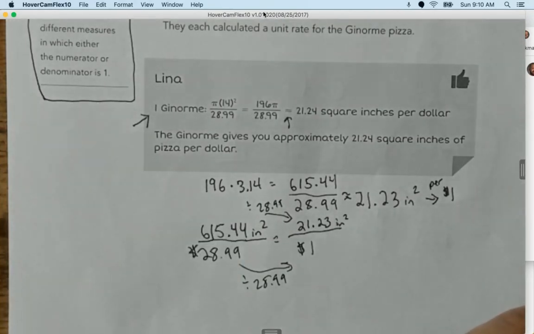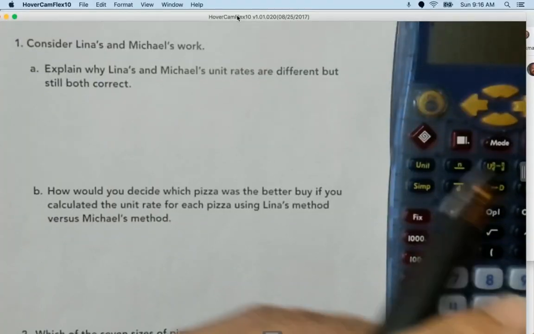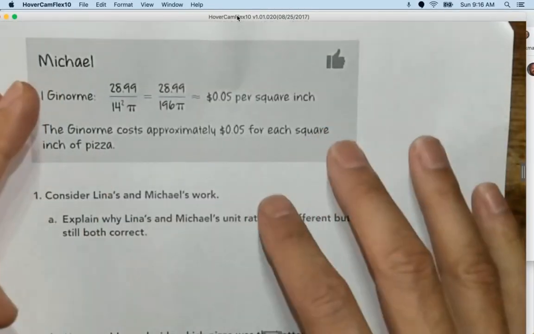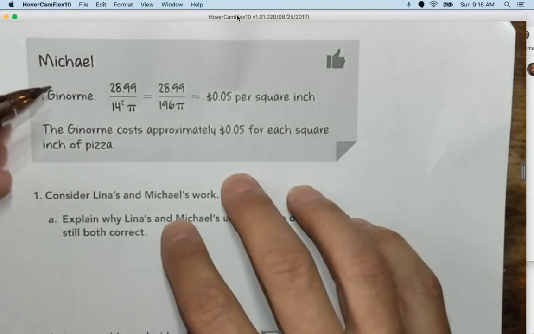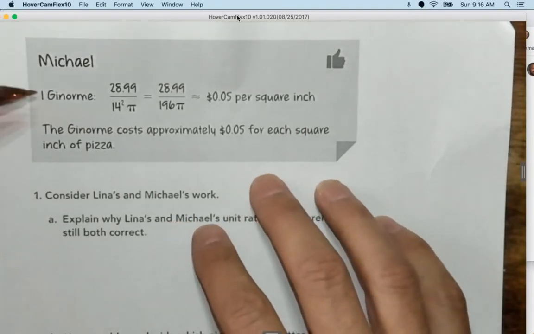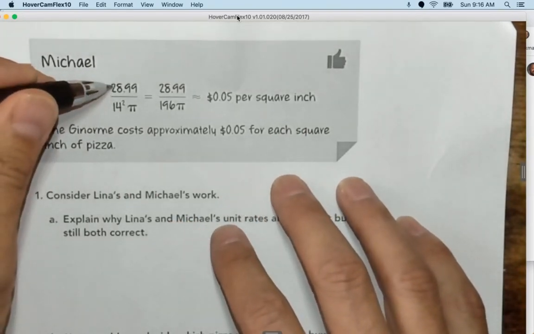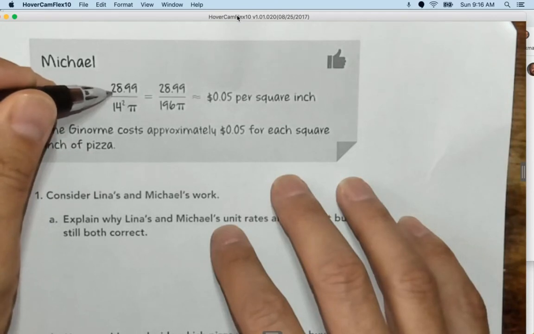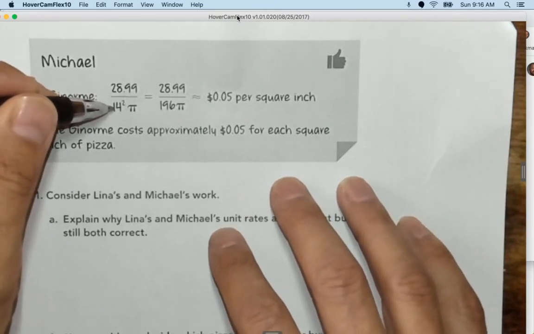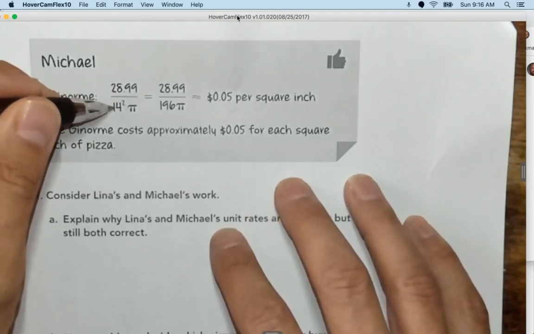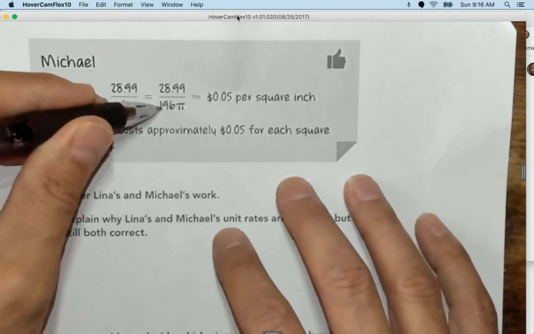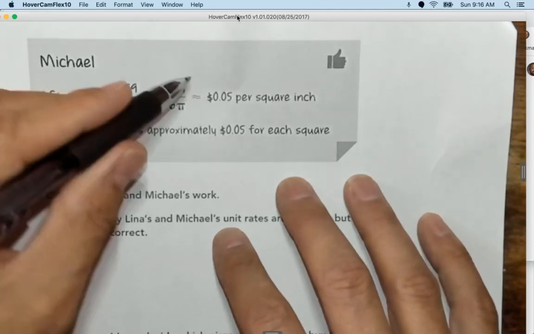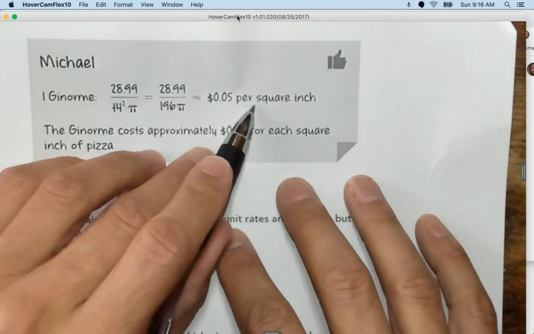So, buttons. All right, so first I want to look over Michael's work. And so 1 ginorme pizza, it was $28.99 for that size of pizza. Once again, figured out 14 squared, had it as 196 times pi, and that's about 5 cents per square inch.